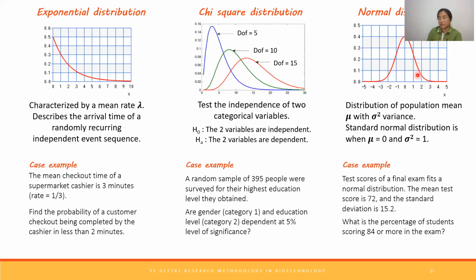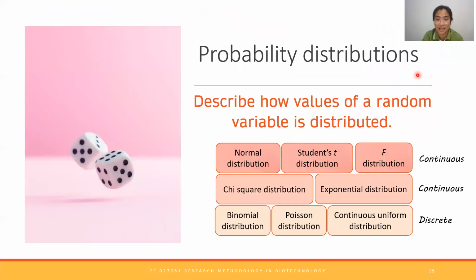That's how the normal distribution is used, because if data is normally distributed, you know that the middle is the mean. At one standard deviation, you know how many percent of people will fit in that standard deviation, and how many people fit into two standard deviations.